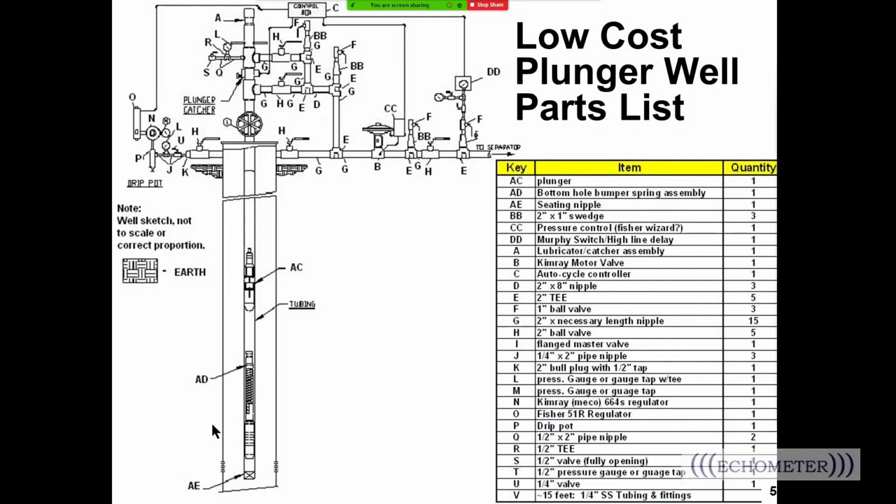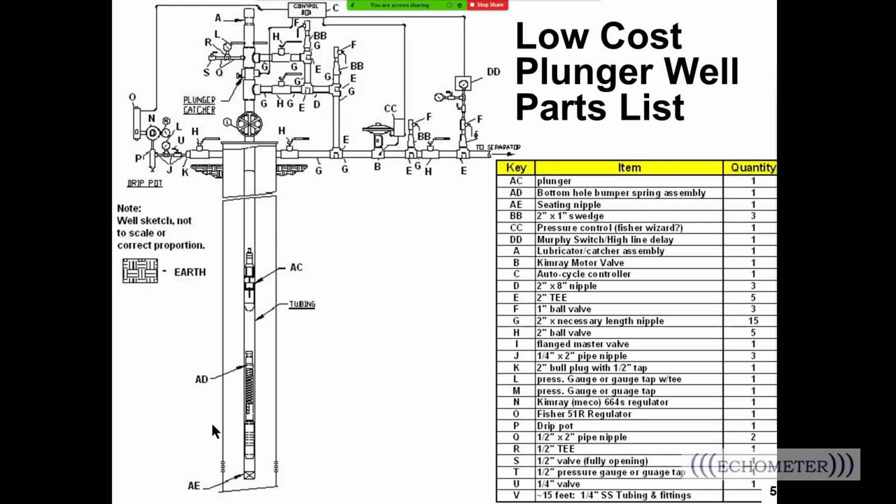This is a list of components that are used to set up a plunger lift installation, and this is actually what's used by a company. If you go through this list, most of the components, other than the bumper spring, the plunger, the controller, the motor valve, and the lubricator, the rest of it's just pipes and valves.